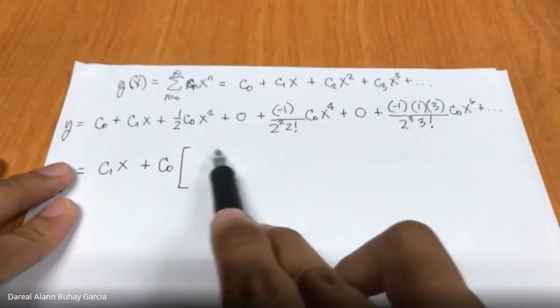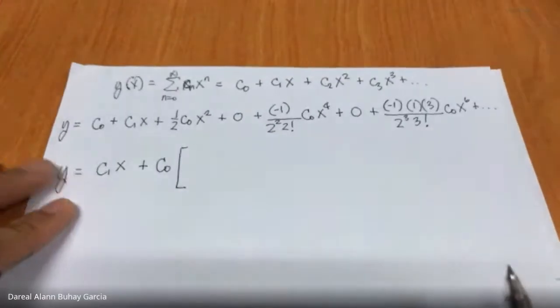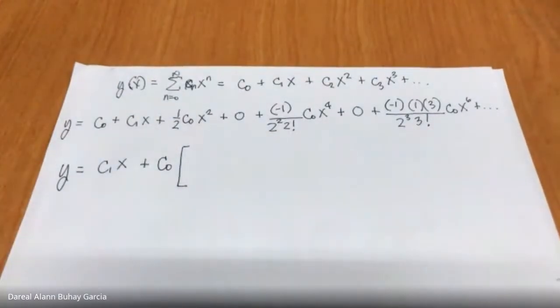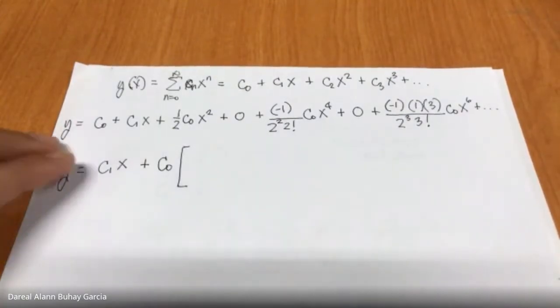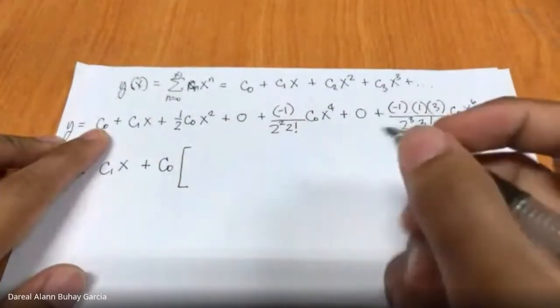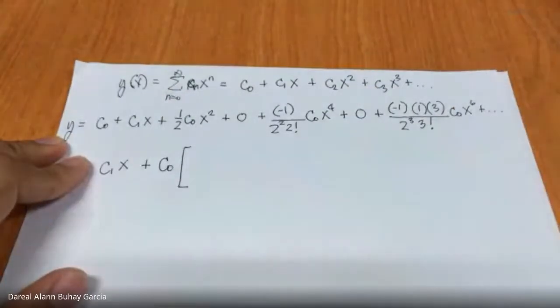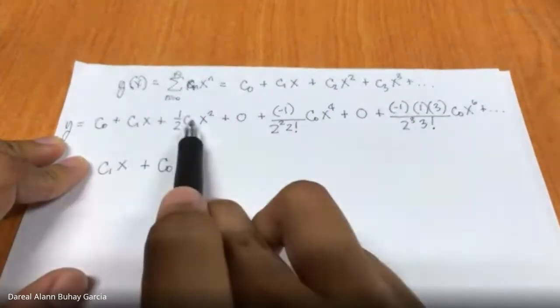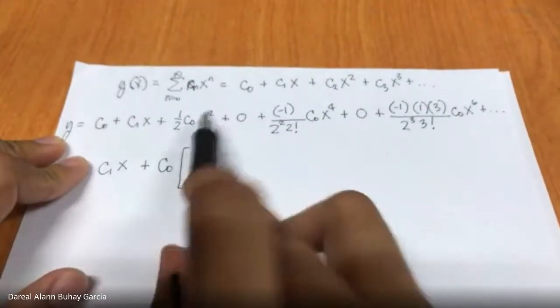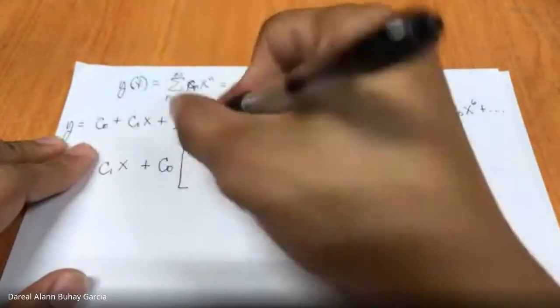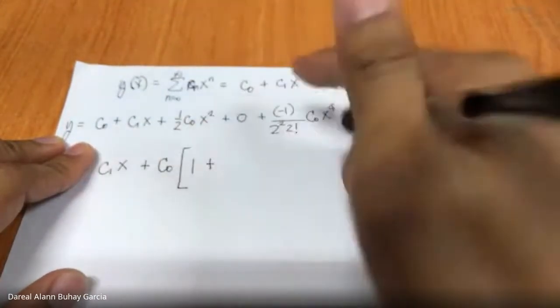Our sigma notation does not necessarily always start at 0. It can be otherwise. So if it is hard to detect the pattern, the first 2 can be retained as is. So this becomes 1 plus 1 half x squared.